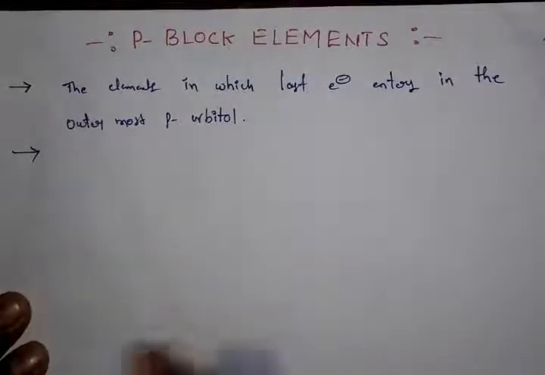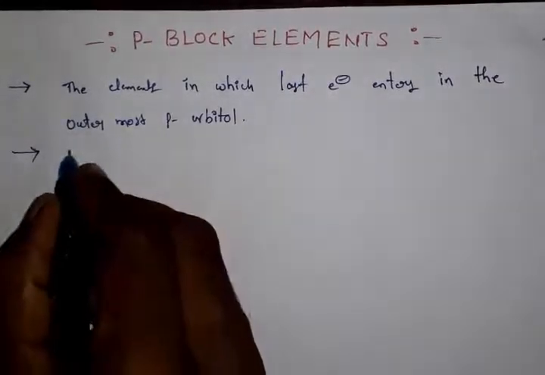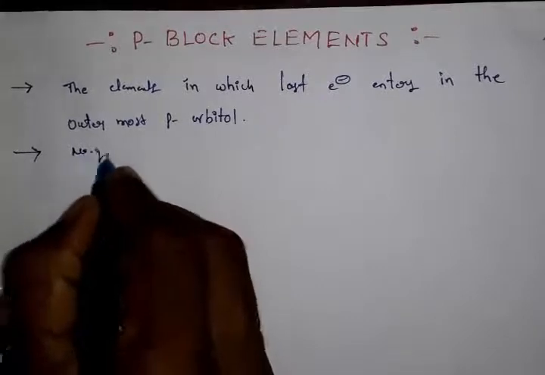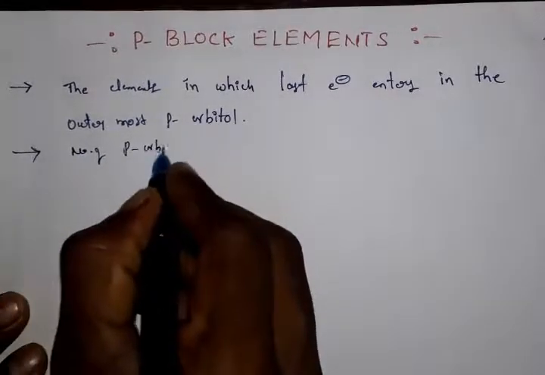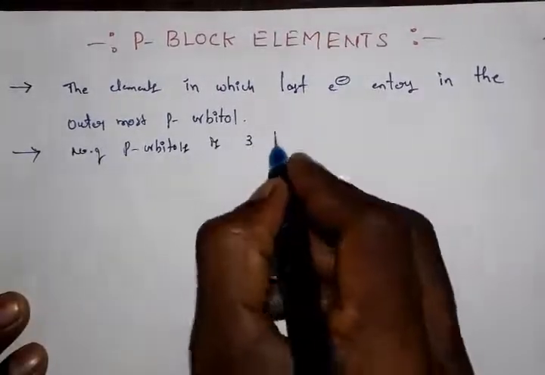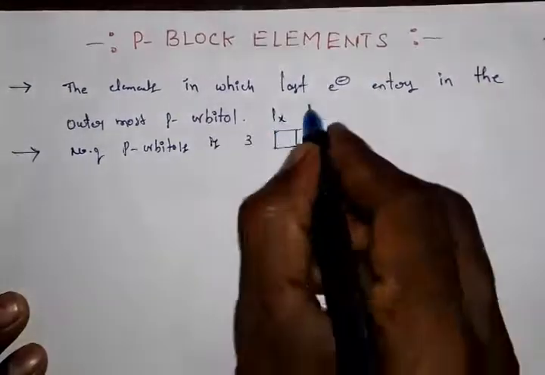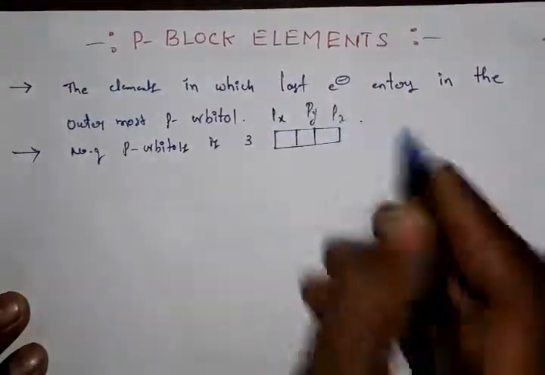The number of p orbitals is 3: px, py, pz.